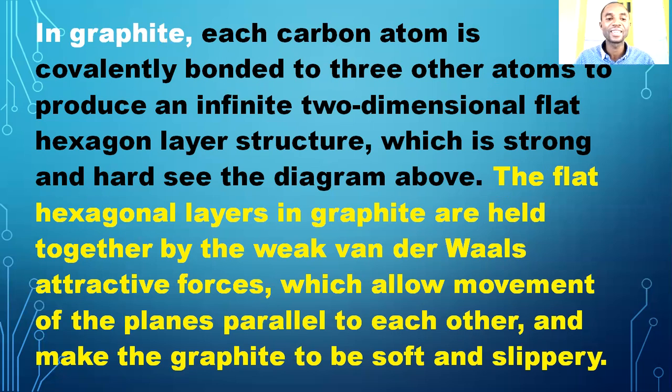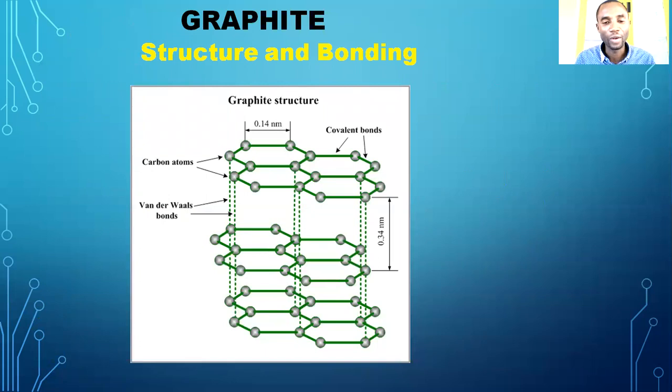The flat hexagonal layers in graphite are held together by weak van der Waals attractive forces, which allow movement of planes parallel to each other and make graphite soft and slippery. Now look at the diagram once again. We can look at the van der Waals attractive forces holding it, and we know that it's a weak force.